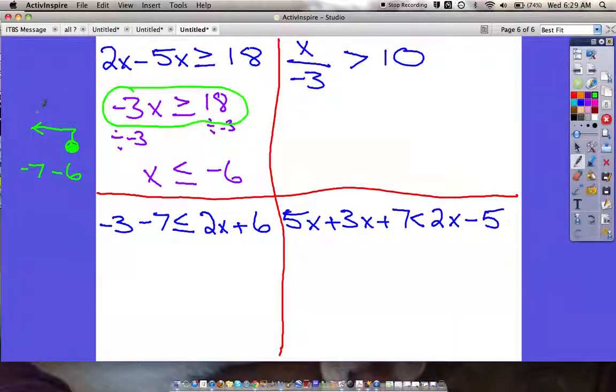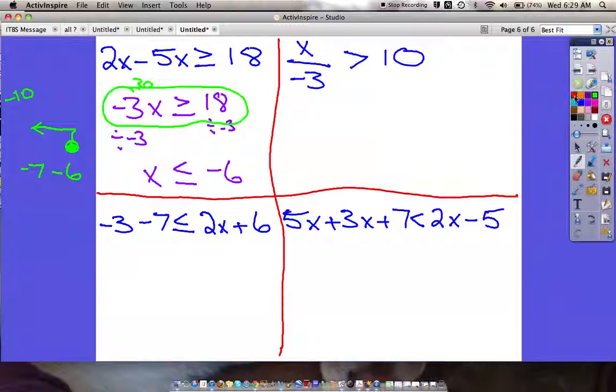Let's say we pick negative 10, because negative 10 is going to work. So negative 3 times negative 10 is going to be positive 30. Positive 30 is greater than or equal to 18, so that works out. So we're saying that anything that's smaller than or equal to negative 6 would fit into our original equation.